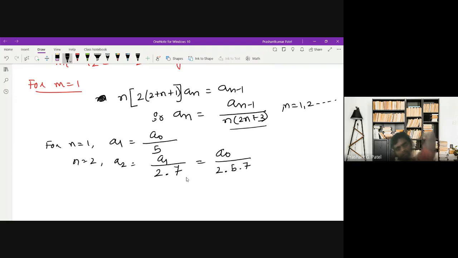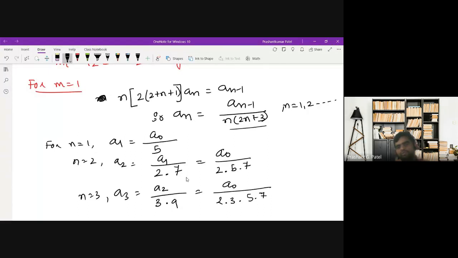For n equal to 3, we have a3, which is a2 upon 3 into 9, so it is a0 upon 2 into 3 into 5 into 7 into 9.